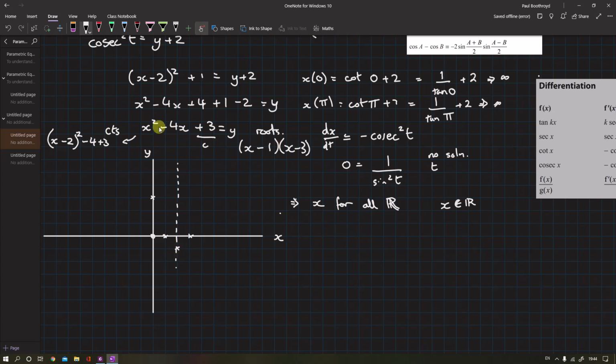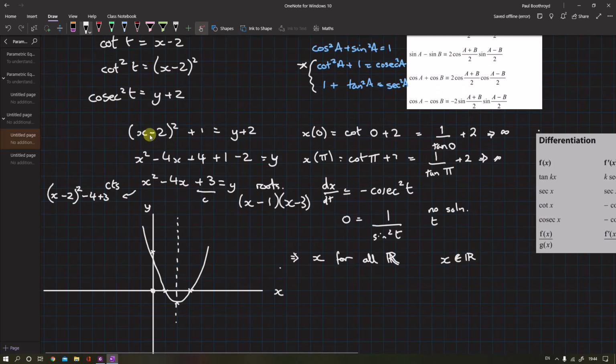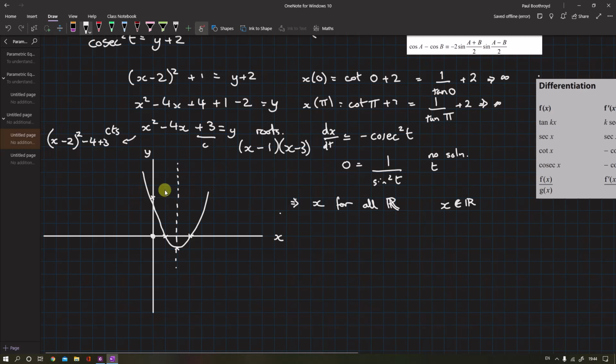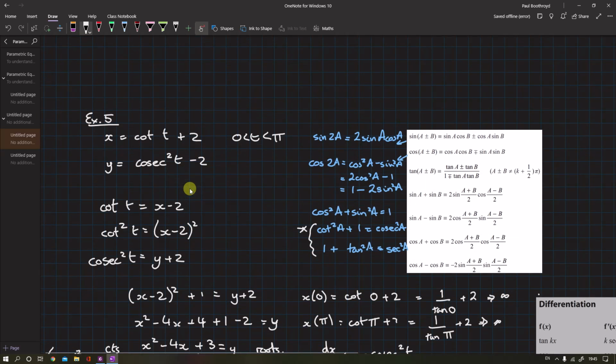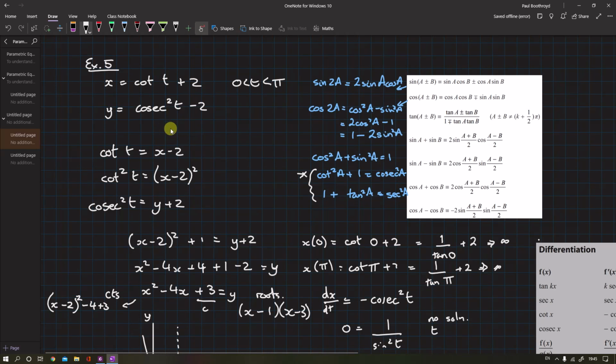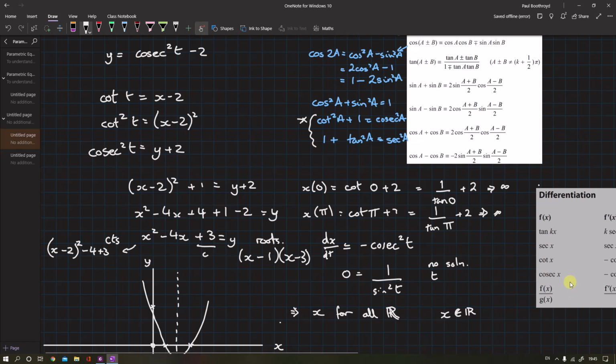So we now know we've got our parabola. We might want to find out, can we find the range? We know that it's valid for all x. What about what happens with y? So cosec squared, we want to differentiate cosec squared. Is that one we can do?